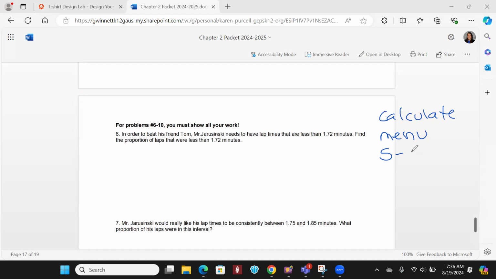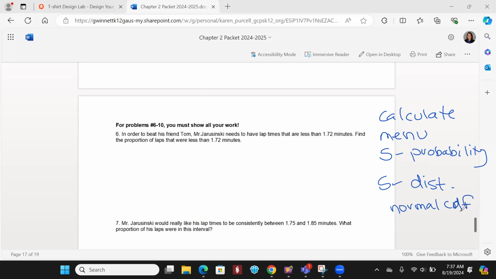You're going to hit 5, which is probability. Then you're going to hit 5, which is distributions. And we're going to do normal CDF.